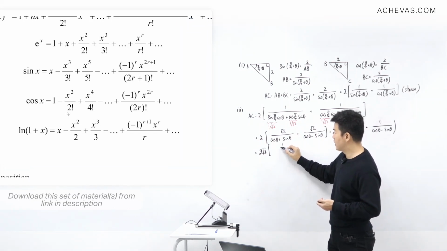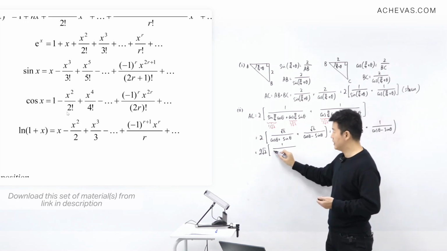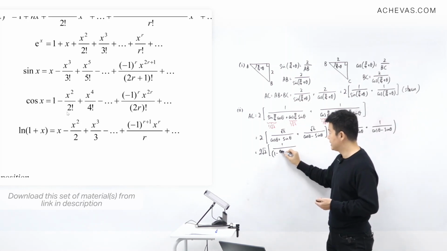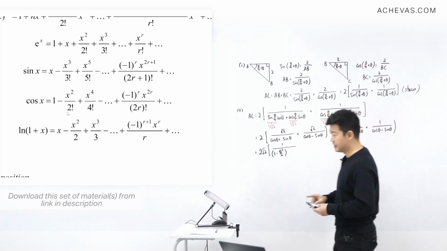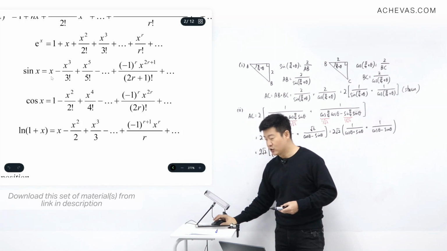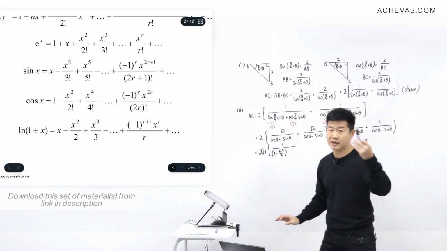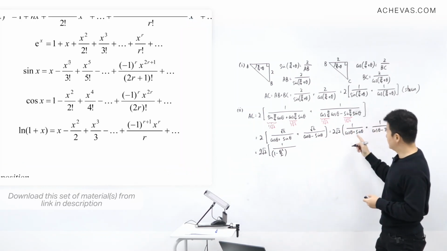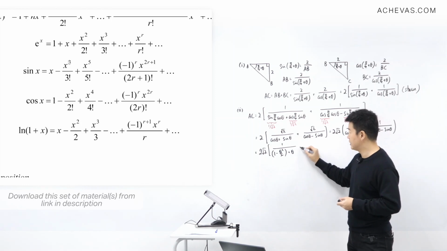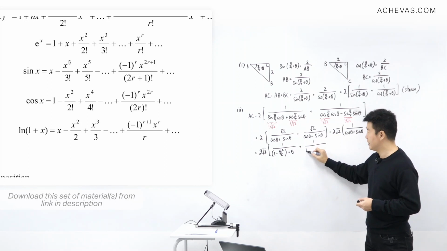So this will be 1 over cosine. This cosine over here, I'll be converting it to 1 minus theta squared over 2. Then plus sine theta. Sine theta is going to be theta minus theta cubed over 3 factorial. Theta cubed, I'm going to be ignoring it because it is supposed to be small enough to be negligible. So sine theta over here will just become plus theta. Then plus 1 over cosine theta, the same thing, 1 minus theta squared over 2.